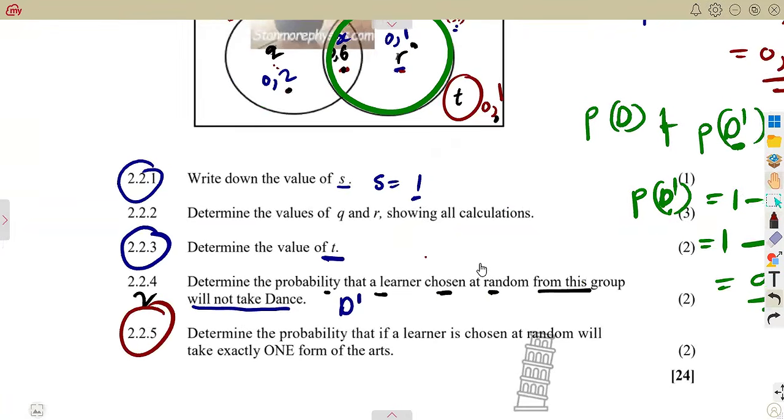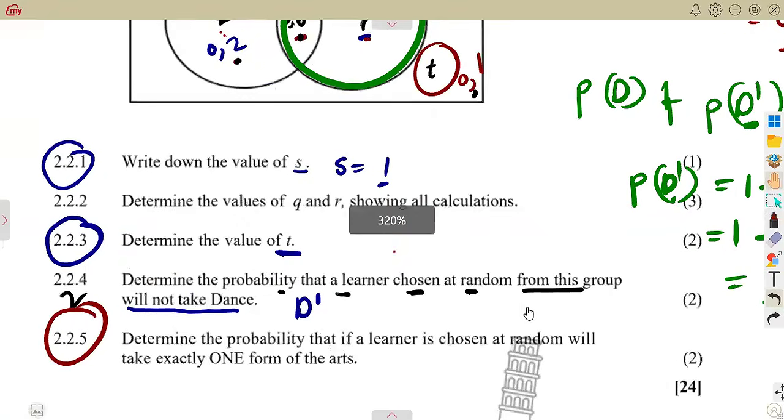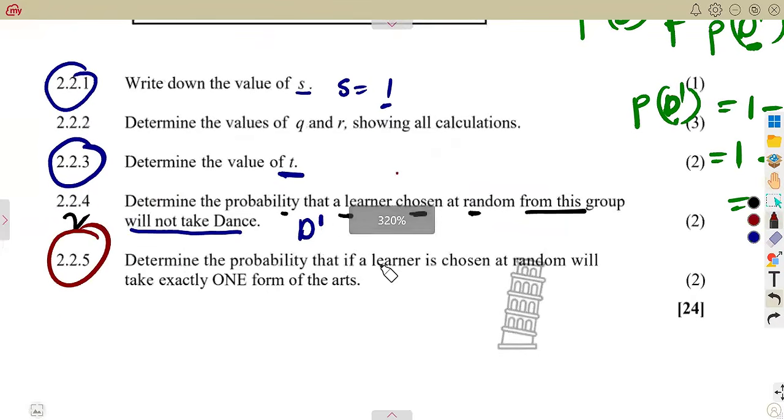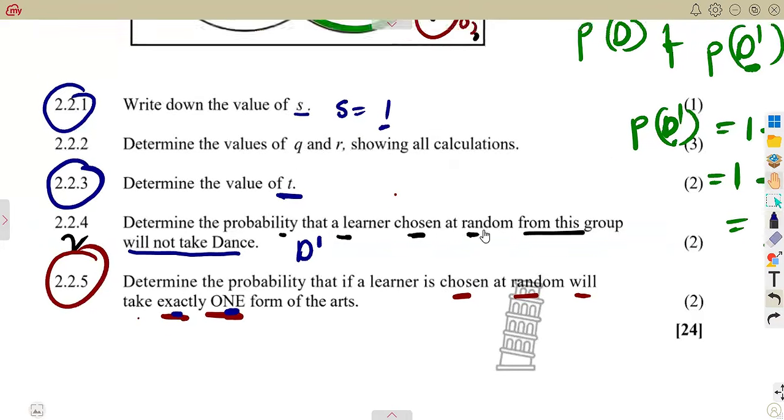Then 2.25, you're now asked to determine the probability that if a learner is chosen at random, they will take exactly one form of arts. When it is like this, it means there is an exactly there. It means you are only having one at a time.